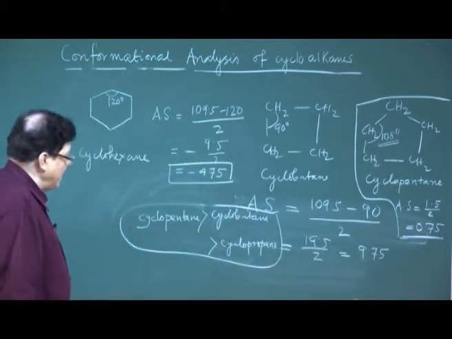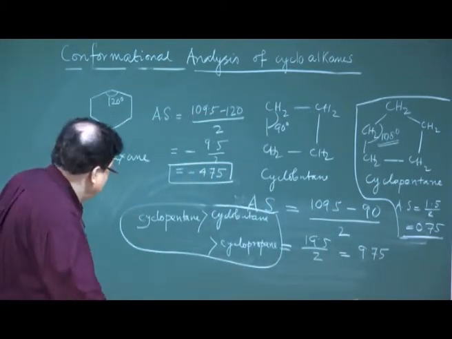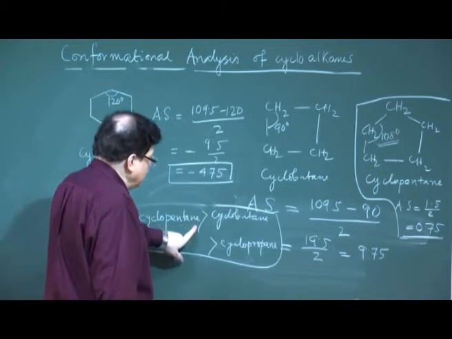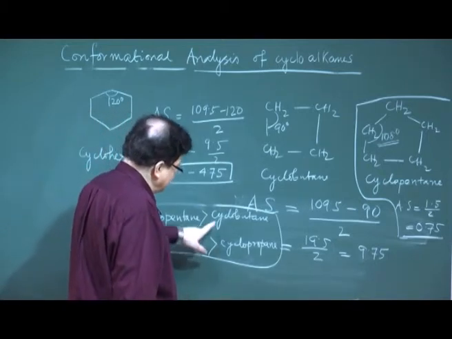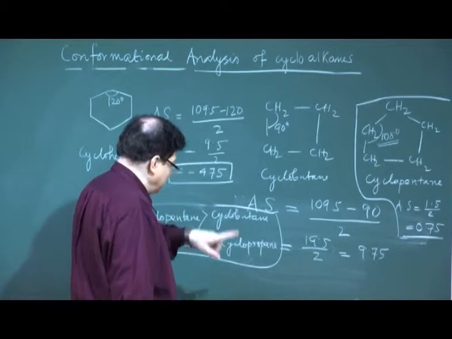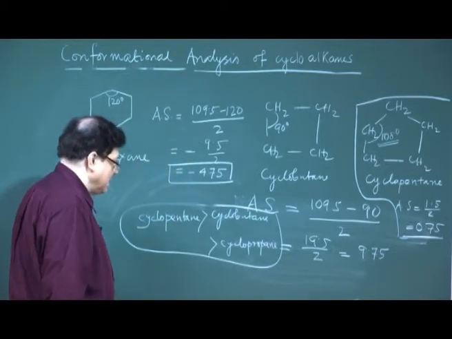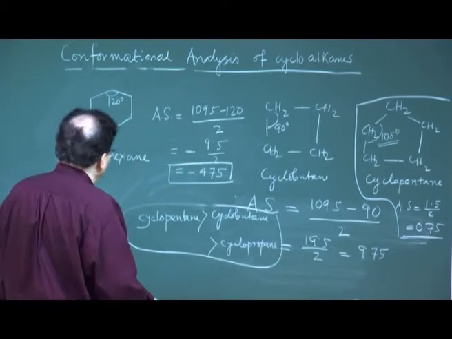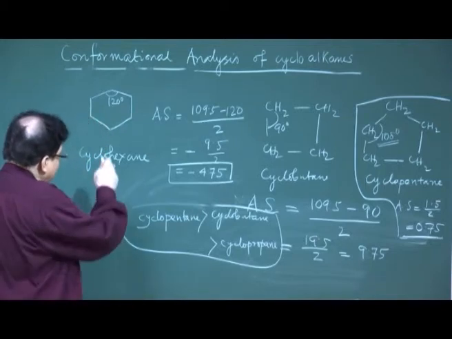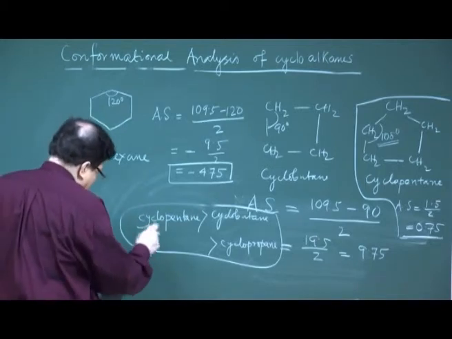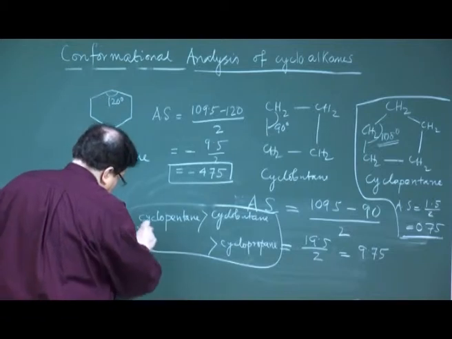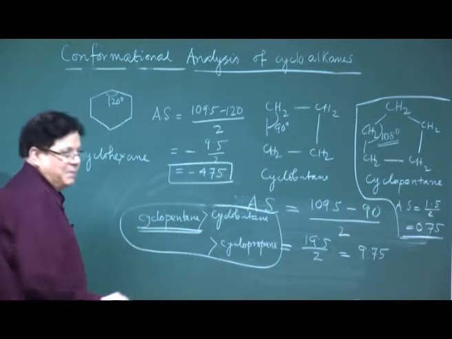So, according to Bayer's strain theory, cyclopentane should be more stable than cyclobutane, that is correct, and that will be more stable than cyclopropane, but what about cyclohexane? As per Bayer's strain theory, cyclohexane should be less stable than cyclopentane.